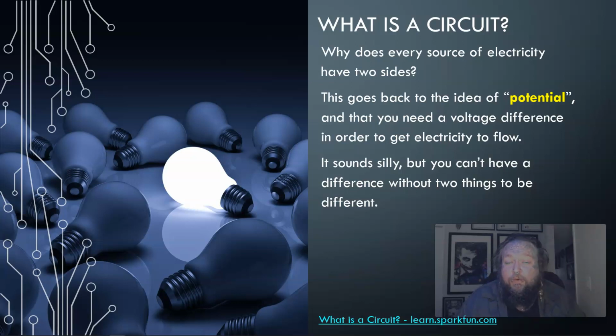So you have those two poles, and the stored energy from whatever battery source, lithium, polymer, whatever, builds up that pressure or potential. It wants to move between the two, and until you complete that circuit, nothing's happening yet.